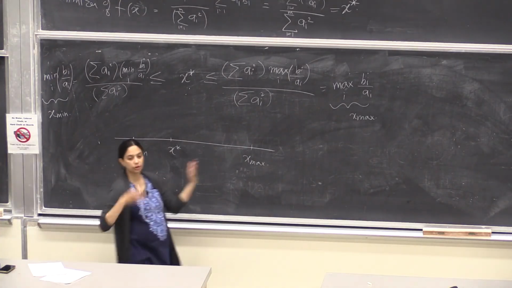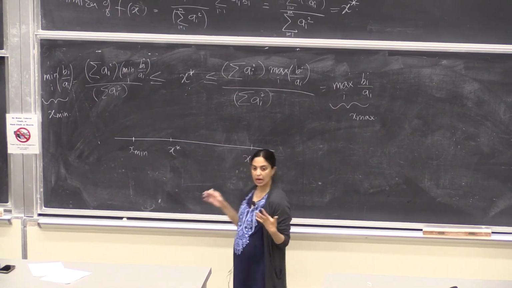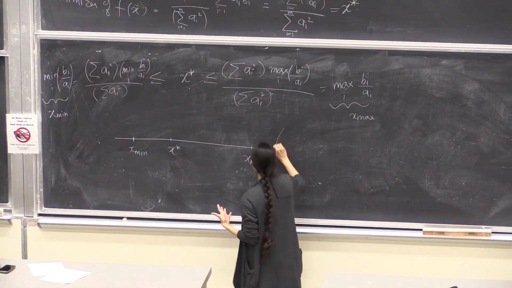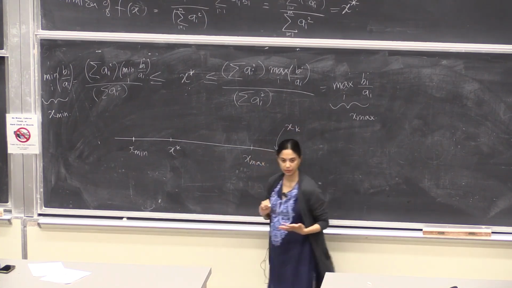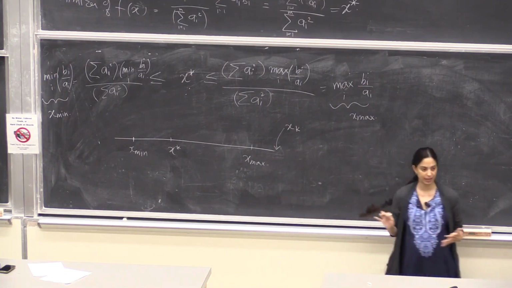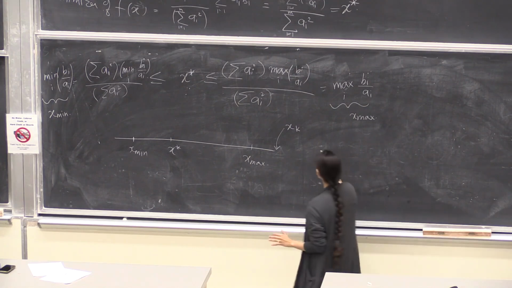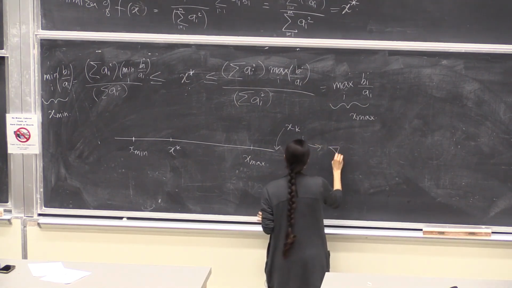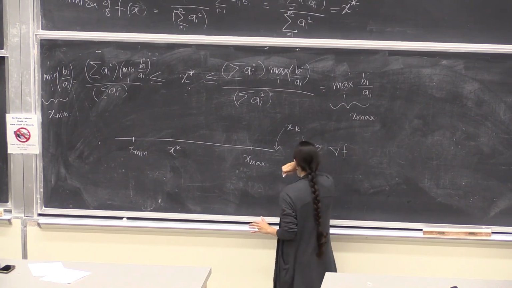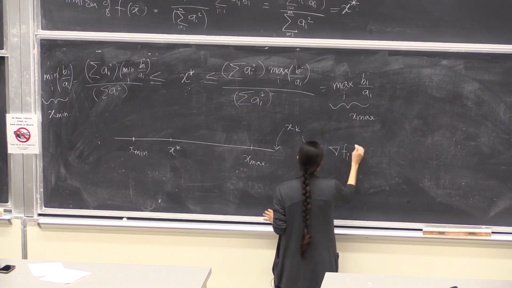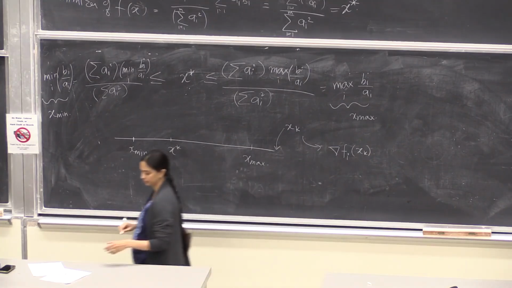Let's say you're doing your stochastic gradient descent, and somehow you pick an x_k. Your x_k is here, okay? It's larger than x max. So what is the gradient of f_i(x), whichever you choose, at point x_k?